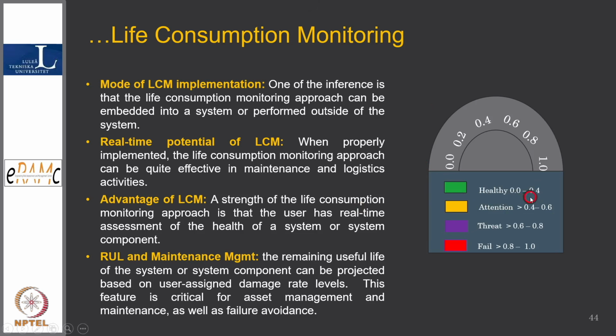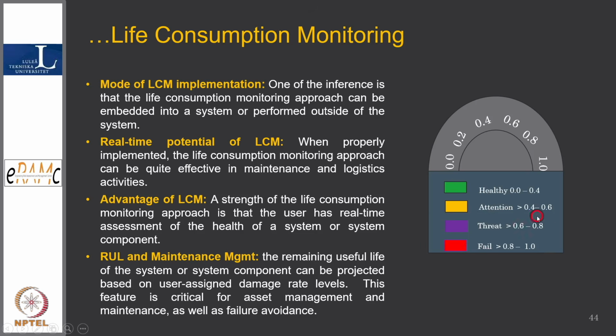You can see here, healthy is 0 to 0.4, attention 0.4 to 0.6 and 0.6 to 0.8, and then failure is expected in the last region. Let us say I have designed a meter and put it in the control room, or next to the system I am monitoring, and I get the health information.